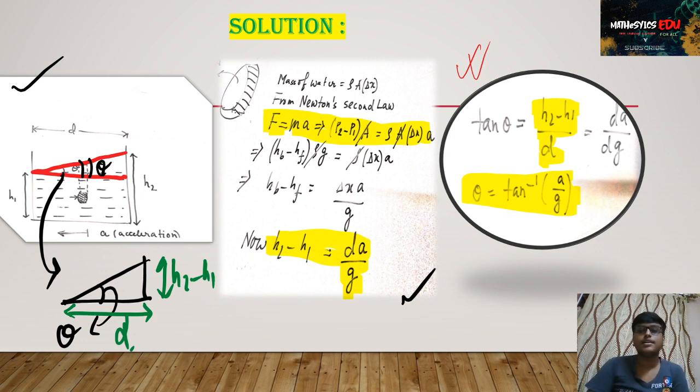Now d and d get cancelled and we are left with only a and g. g is always known to us. Near the earth surface you can assume it to be constant. Theta then becomes equal to tan inverse of a by g.